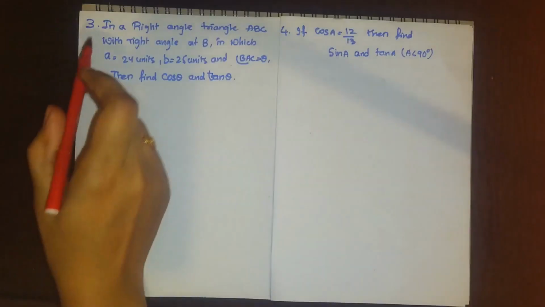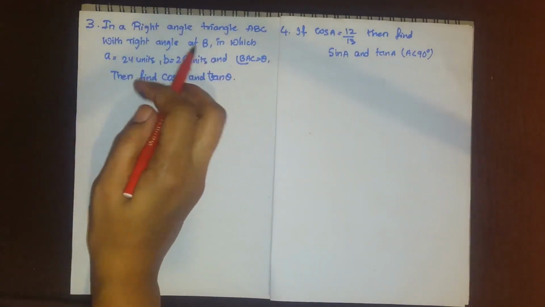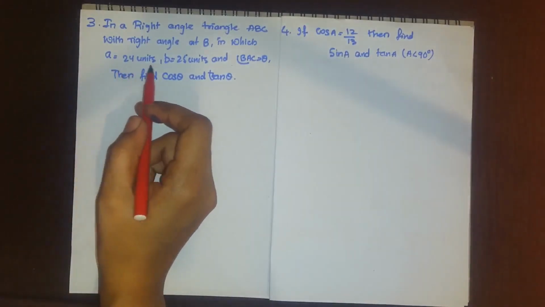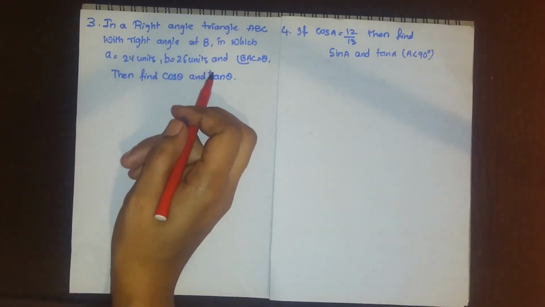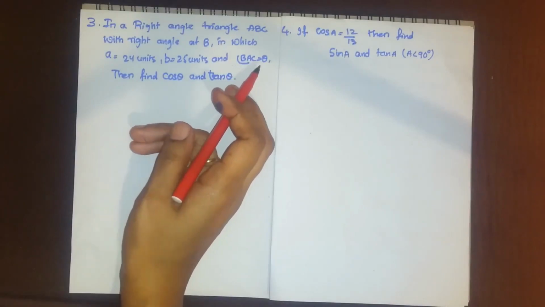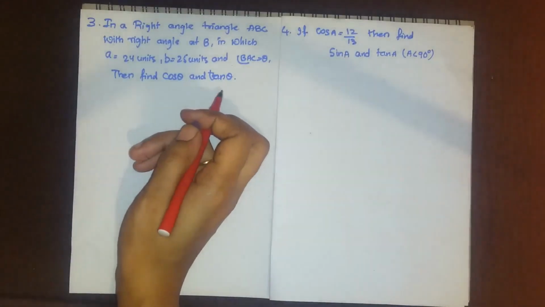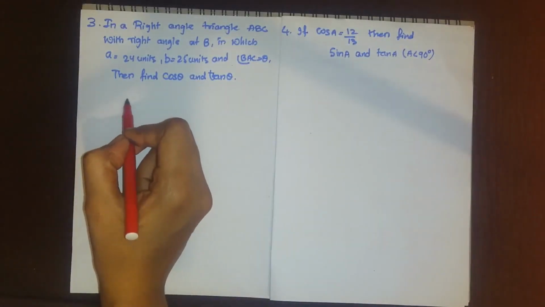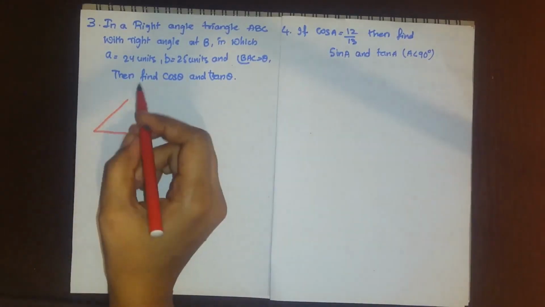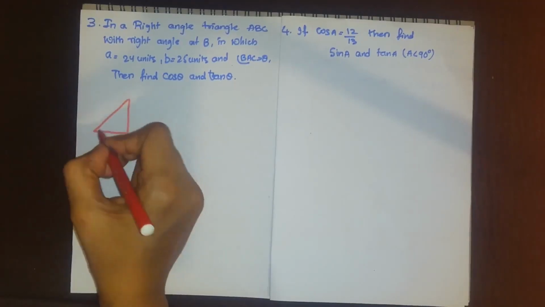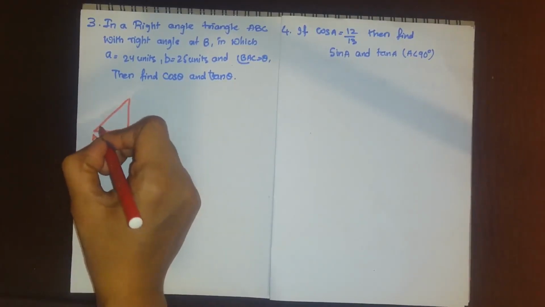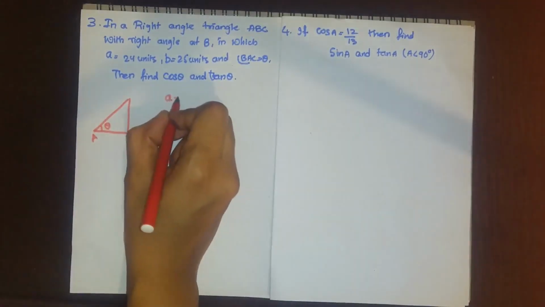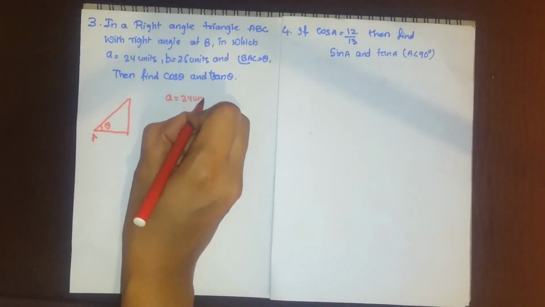The next problem. In a right angle triangle ABC with right angle at B, in which a is equal to 24 units, b is equal to 25 units, and angle BAC is equal to theta, then find cos theta and tan theta. Here it is given that in a right angle triangle ABC, A is angle theta, and it's given that a is equal to 24 units.